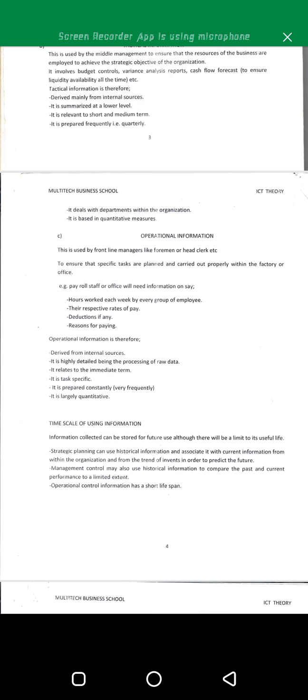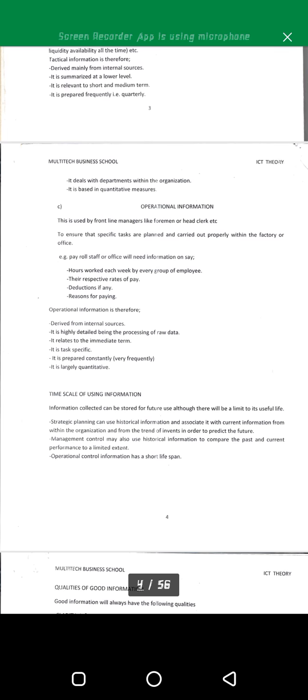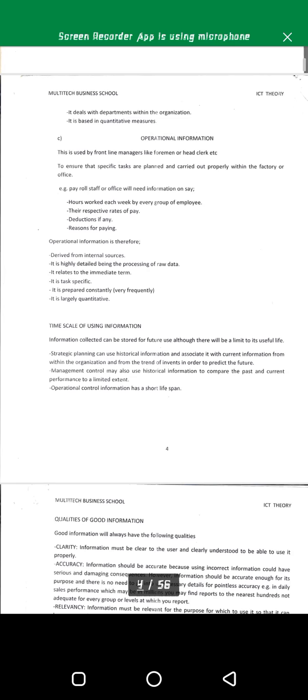Operational information is therefore derived from internal sources. It is highly detailed, being the processing of raw data. It relates to the immediate term. It is task specific. So while collecting information at the lower management level, you have to be task specific. You have to be specific on what you're collecting information from.